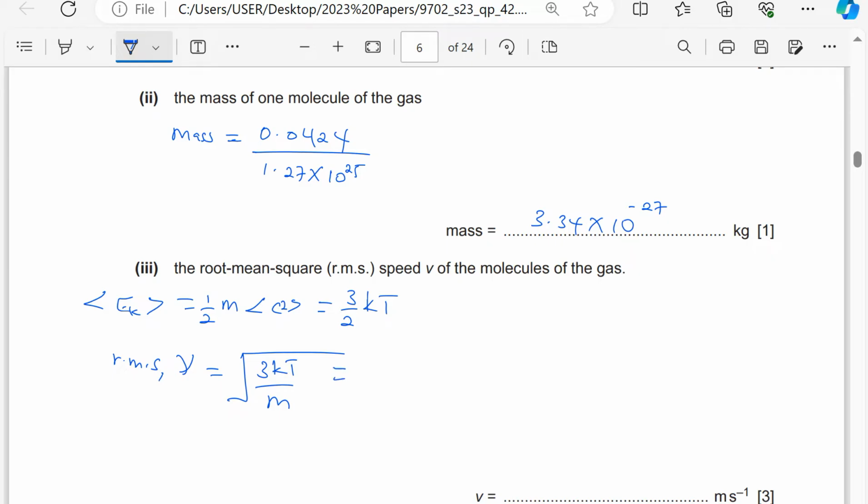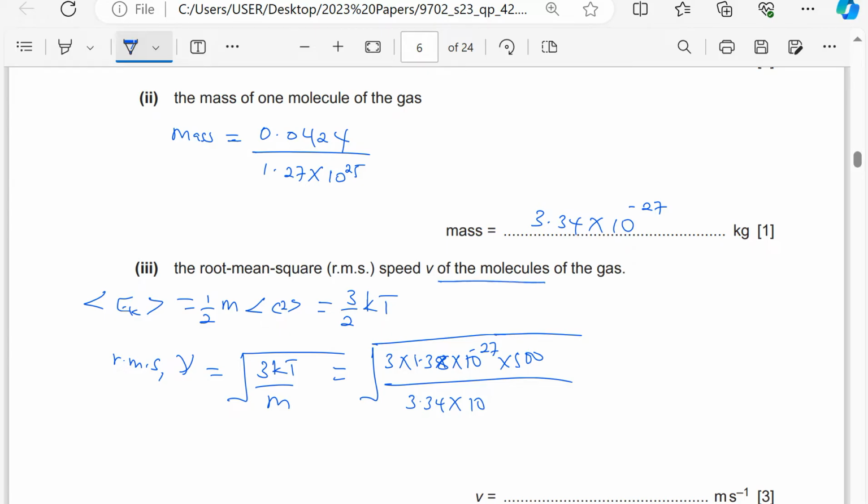When I substitute, this is the square root of 3 times k, which is 1.38 times 10 to the power of minus 23, times 500, divided by the mass of one molecule, 3.34 times 10 to the power of minus 27.